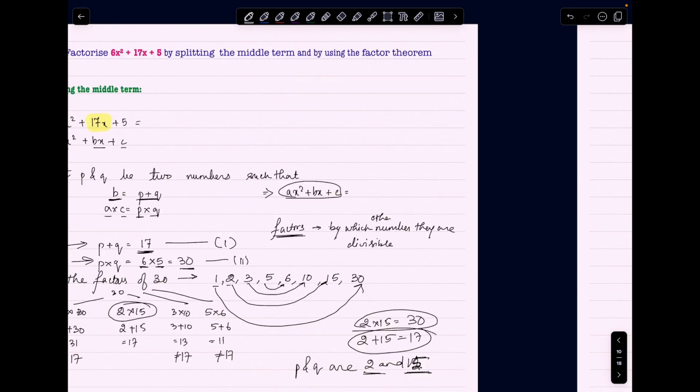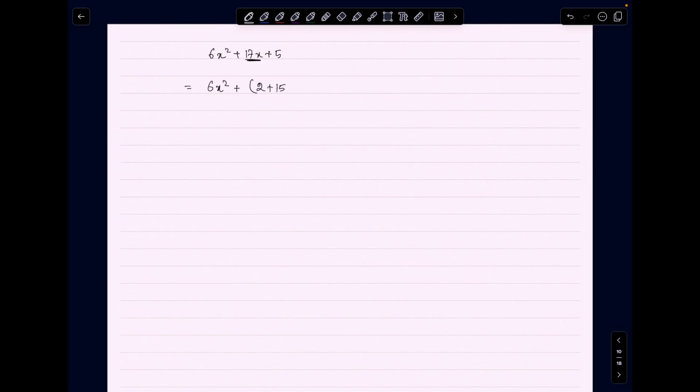So see, the equation given was 6x square plus 17x plus 5. We are going to split this 17x into two parts. 6x square, 17 can be written as 2 plus 15. We got the values of p and q, no? 2 plus 15x plus 5. We can write this as 6x square plus 2x, 2 into x is 2x, plus 15 into x is 15x, plus 5.